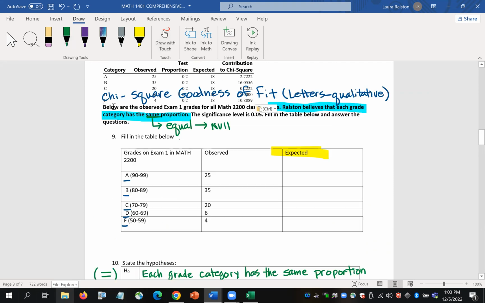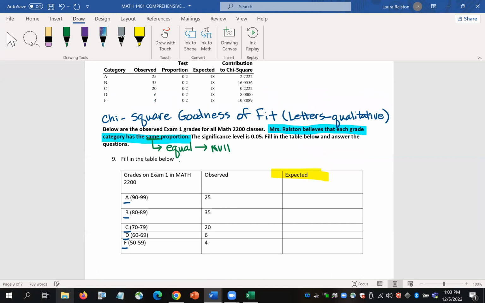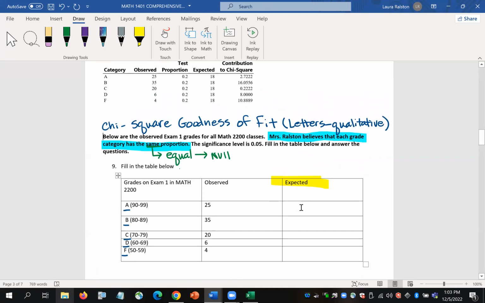Okay, so then we can paste that in there. It pasted above it, but hopefully you can see it. So I now know that my expected for each category from that table is 18. And it should be the same for every one of the levels or grades because we said they were equal.